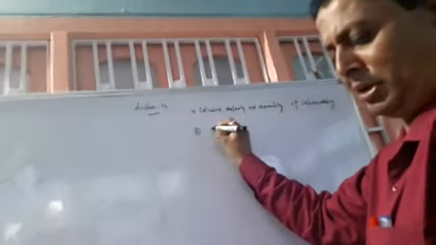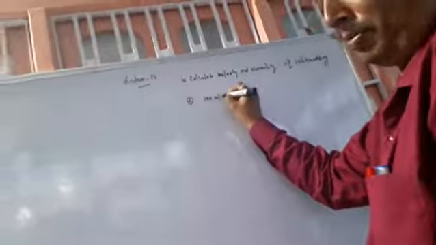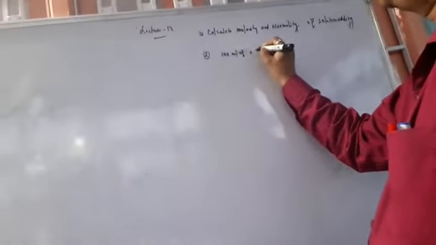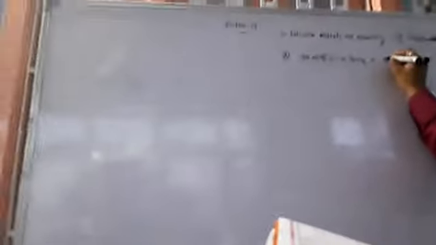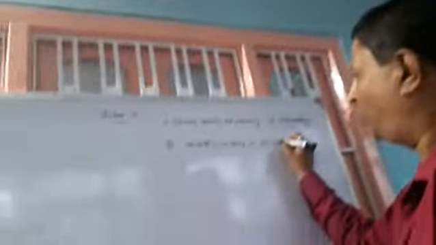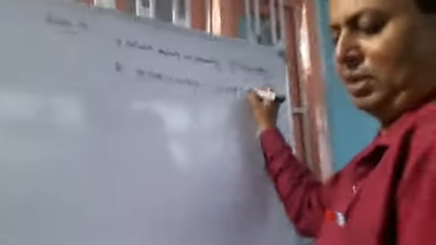The second question is that 100 ml of 0.1 molar H2SO4 is mixed with 50 ml of 0.1 molar NaOH.